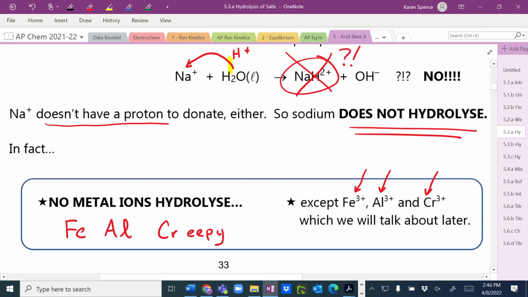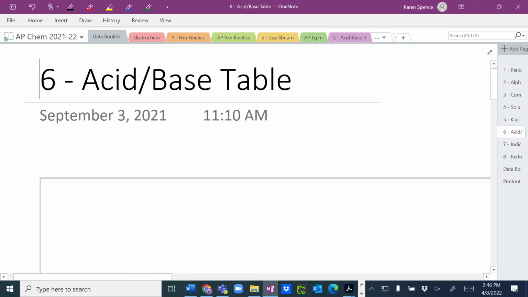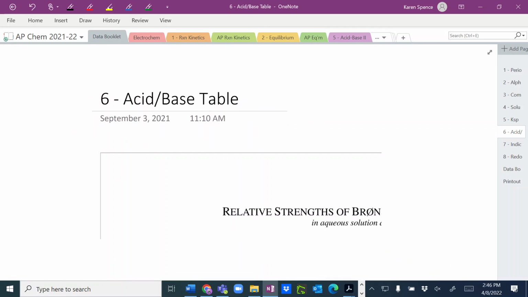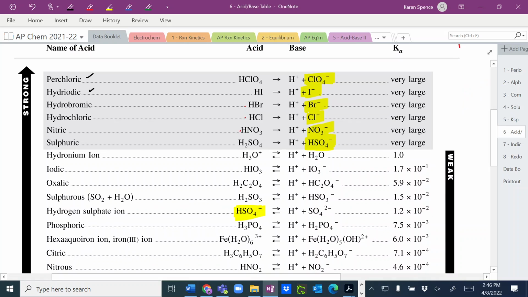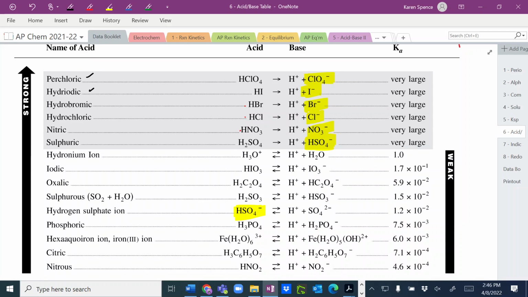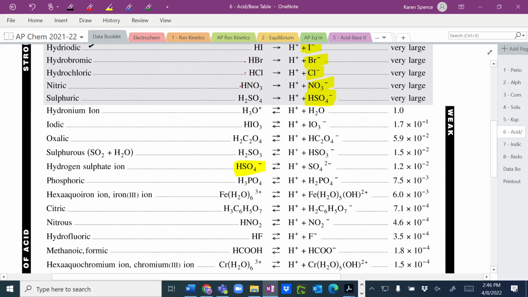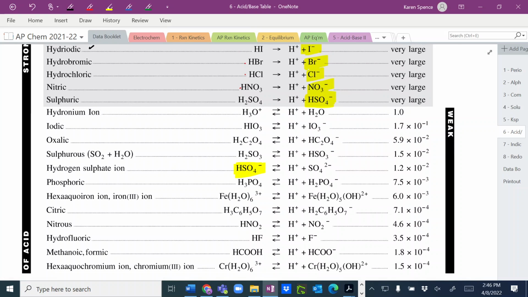Although actually, if you take a look at your data booklet, you don't need to memorize them. And AP won't expect you to have them memorized either, okay? So if they want you to deal with it, they'll have to give you the formula. Can you find iron, aluminum, and chromium on this chart?